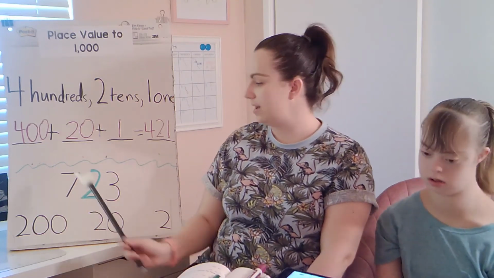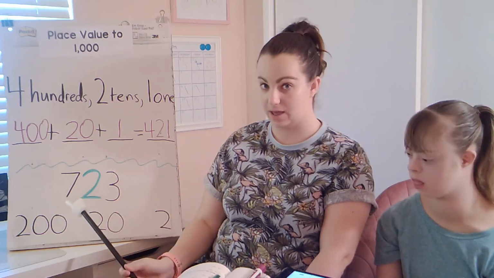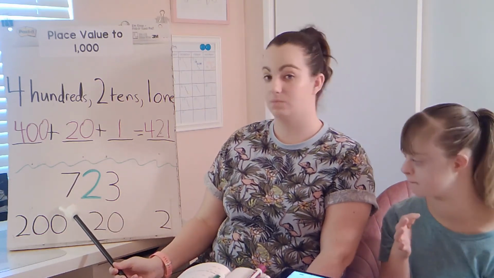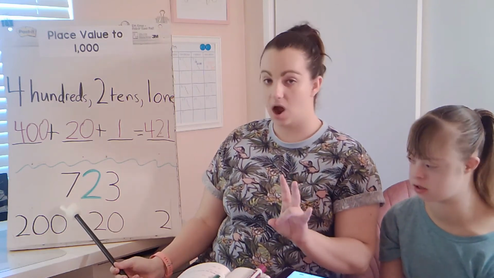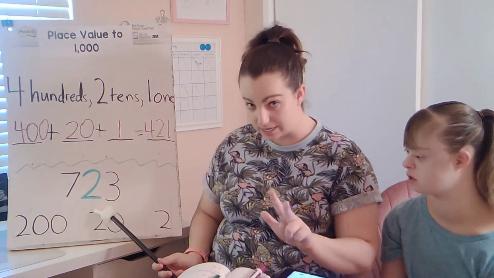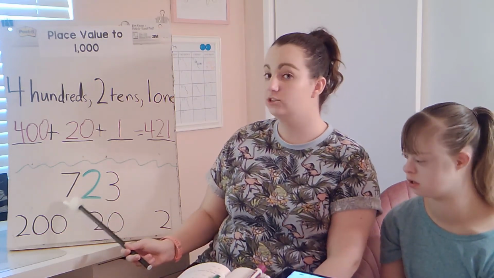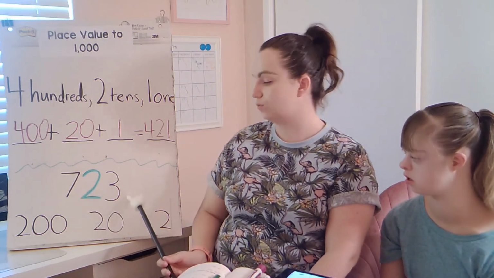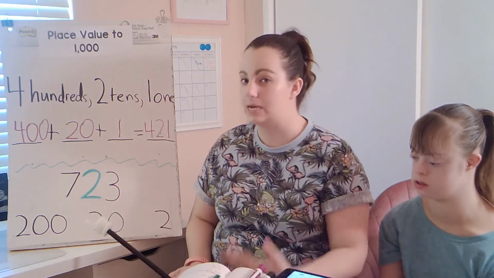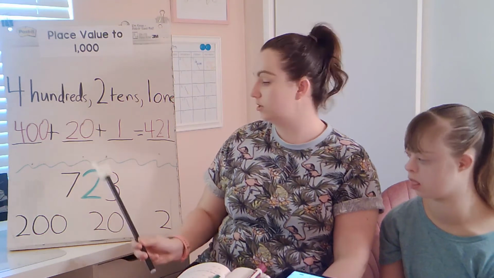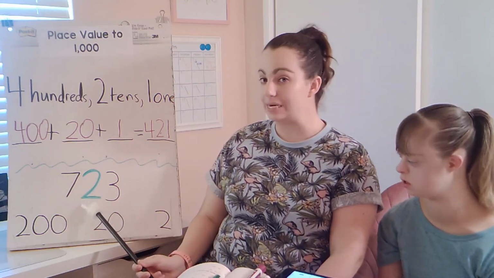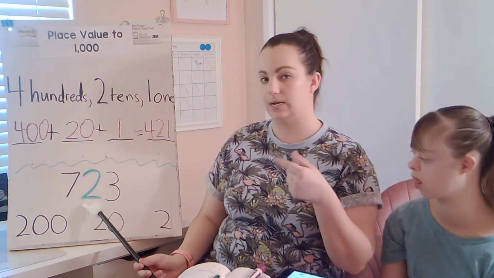So let's go ahead and read the whole number together. Ready, set, read with me. 723. Okay? If you didn't quite get it those times, say it now. 723. Now our green digit is this 2 right here.